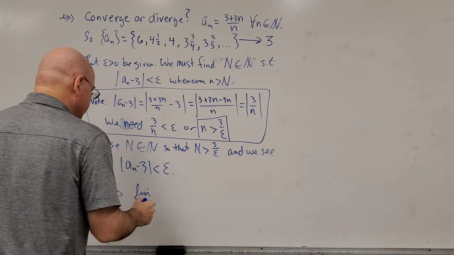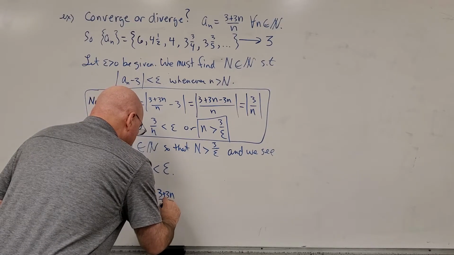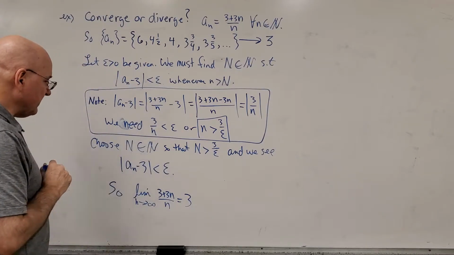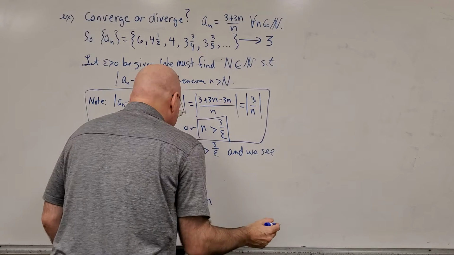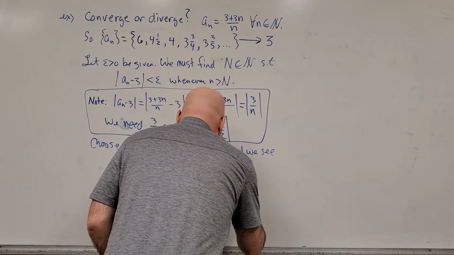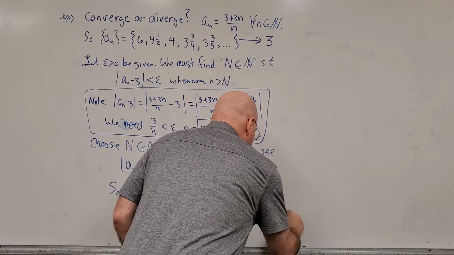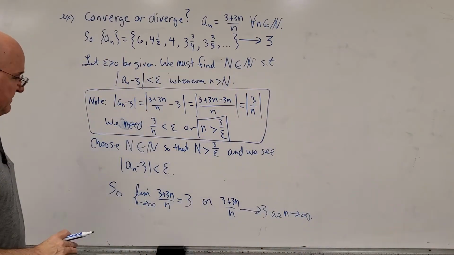And I'll write it like this. (3 plus 3n) over n equals 3. The limit of the sequence. Or (3 plus 3n) over n goes to 3 as n goes to infinity. Just 2 different ways of writing the same thing.